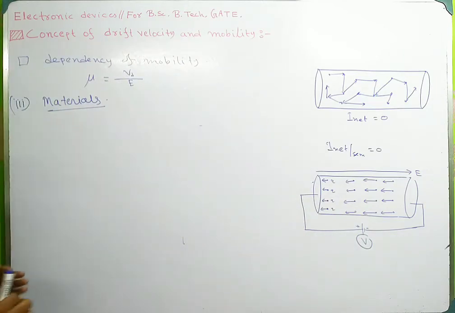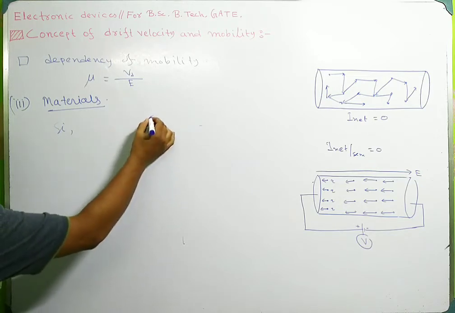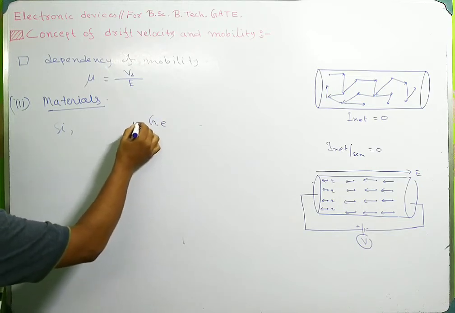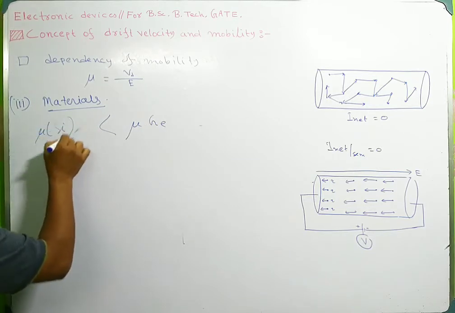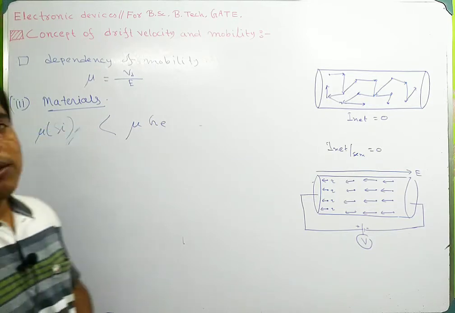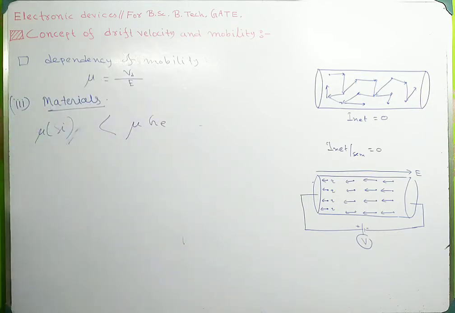So for silicon and for germanium, the mu of germanium is greater than the mu of silicon. So for germanium the mobility is greater than the mobility of silicon.